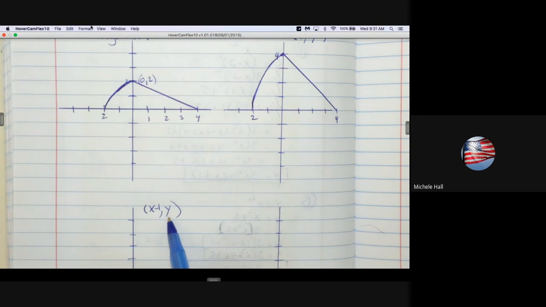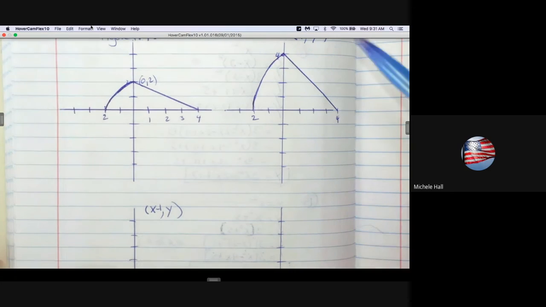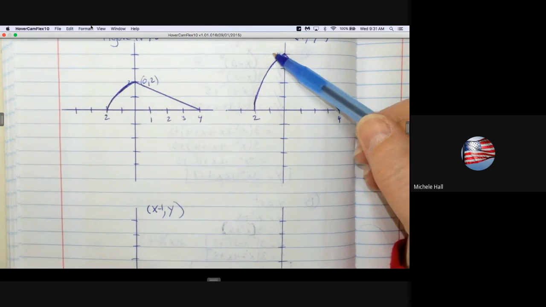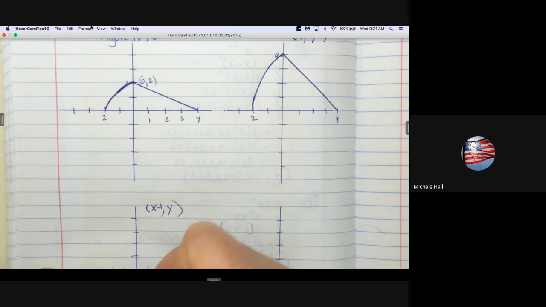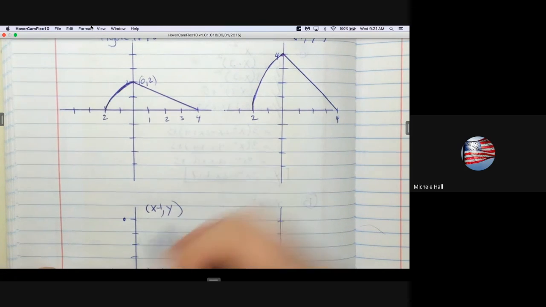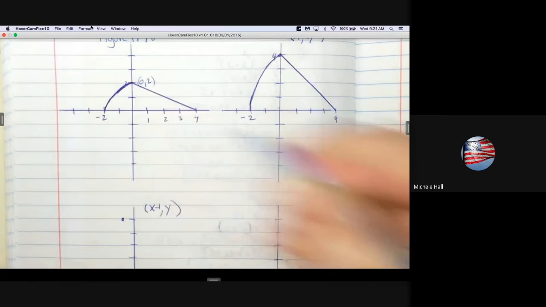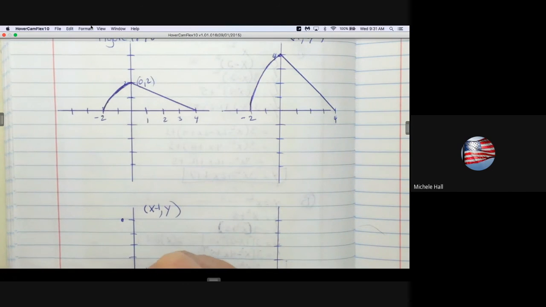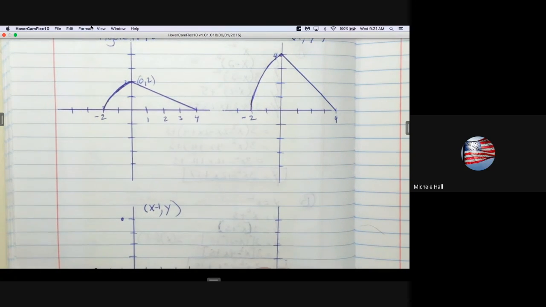Keep my y the same. So I was here at 4. I'm going to subtract 1. Over here, I was at -2. That means I'll be shifting over 1. And I was at 4. I'll be shifting over 1.